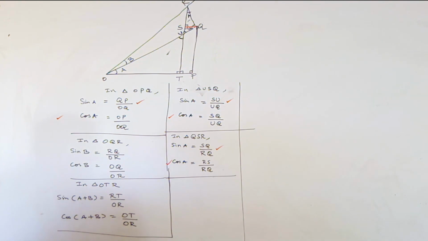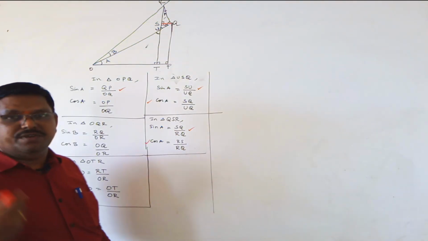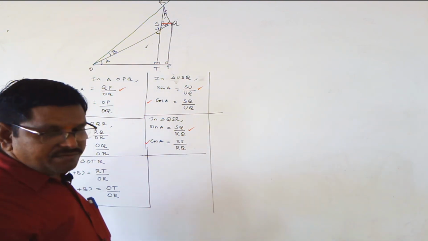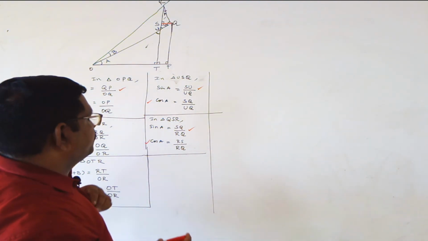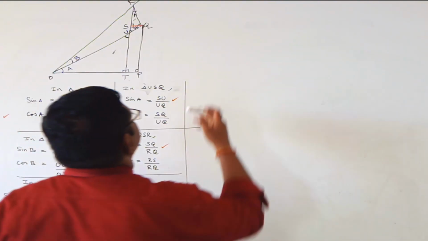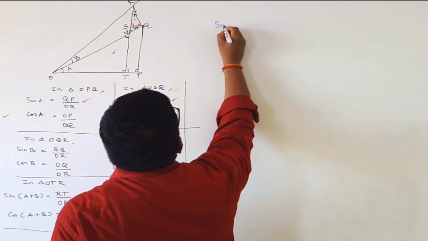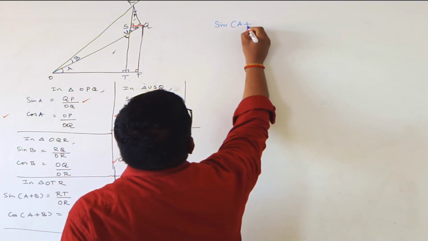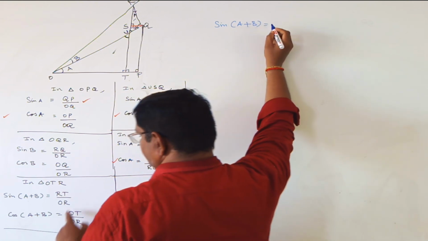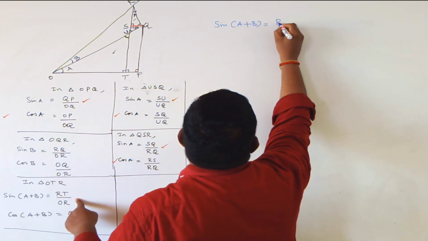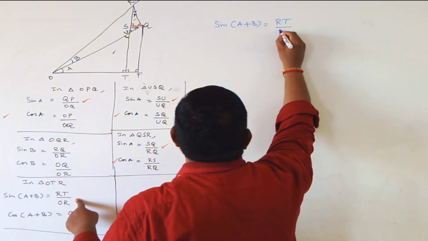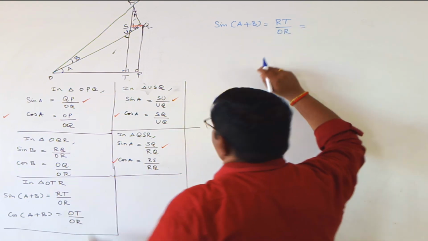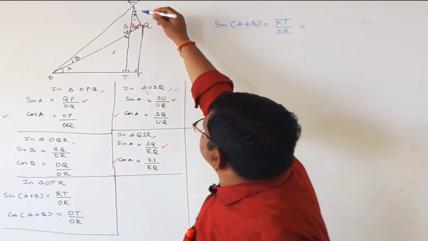Now let us find what is sin of A plus B. How can we find it? Here, sin of A plus B is nothing but, already we got the result, RT divided by OR. What is RT?